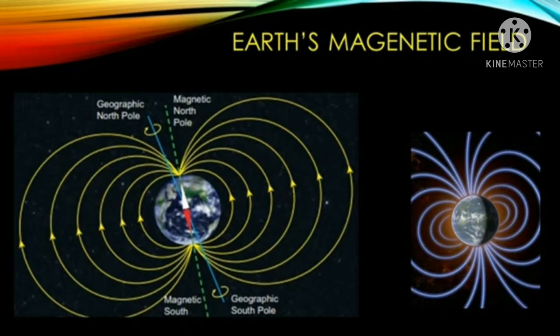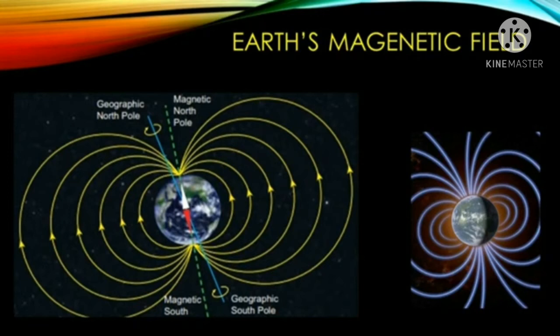The directional property of a magnet states that a freely suspended magnetic needle at a point on the earth comes to rest approximately along the geographical north south direction. This shows that the earth behaves like a huge magnetic dipole with its magnetic poles located near its geographical poles. The north pole of a magnetic needle approximately points towards the geographic north.